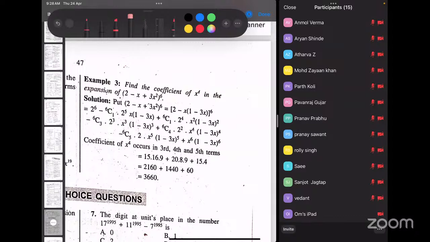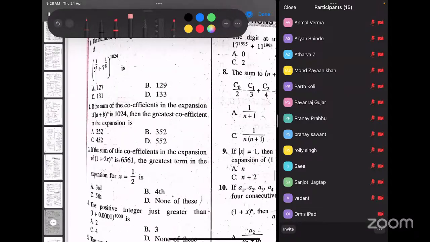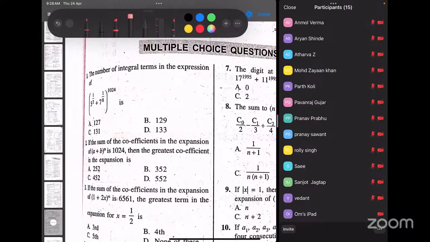Yes. Are you getting it? Try to solve the first part. Yes.